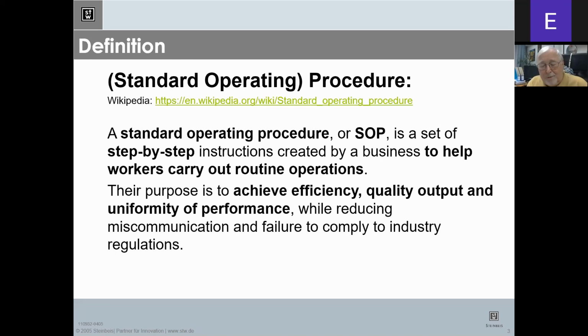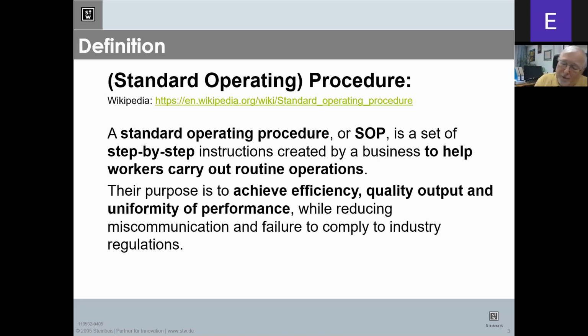For example, if you know programming, you have to learn to formulate your problem step by step, because in the computer we have a sequential operation of instructions. If you're an informatics person, you know it's based on the von Neumann principle that dates back 70 years already. And the purpose of doing this is to achieve efficiency.